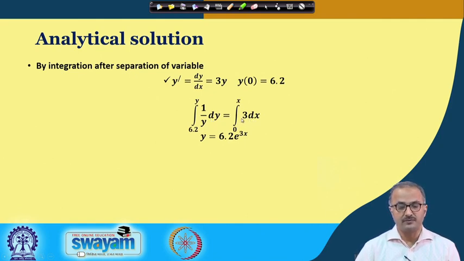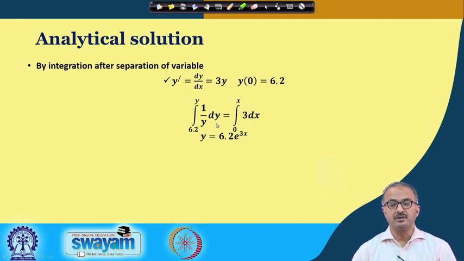When we take the exponential, we are left with y on the left hand side, and the 3x goes to the exponential term, and here we have this particular initial condition. So this is a very simple way of solving this type of differential equation.